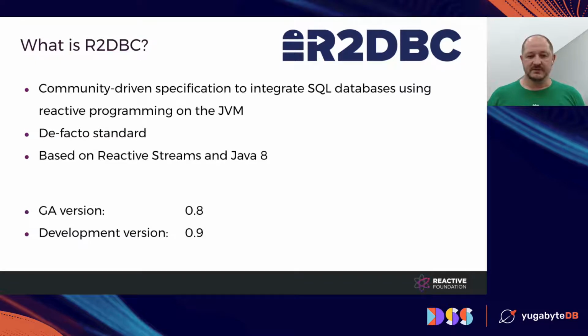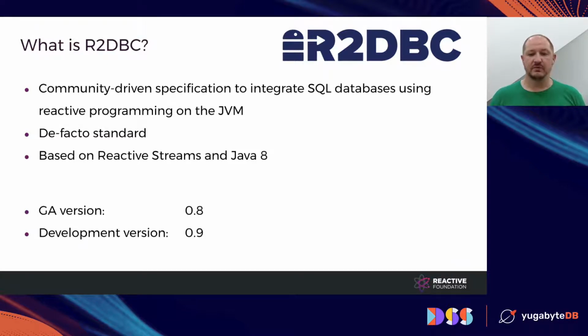R2DBC is based on Java 8 and reactive streams to really lower the barrier to entry. There are lots of active Java versions ranging from 9 to 17, and you have a lot of choice there, but not every application is ready to adopt a newer Java version. So we decided to use as low a foundation as possible.